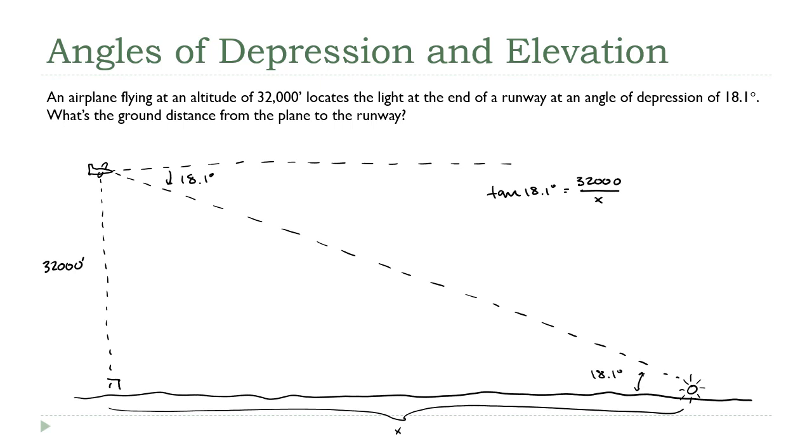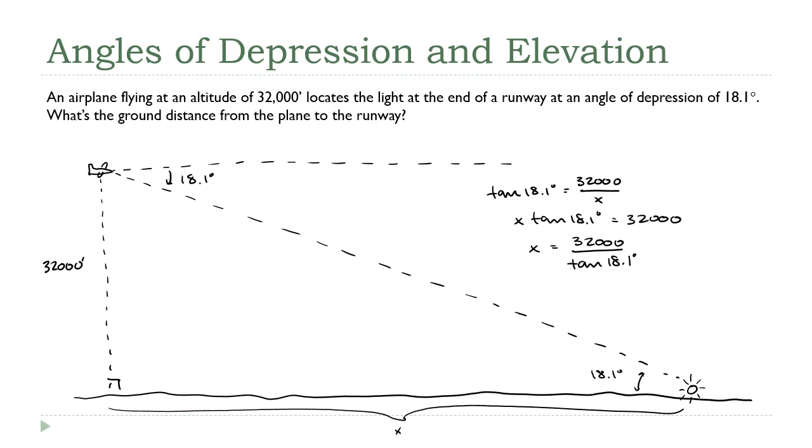Then if we go to solve this, x times the tangent of 18.1 degrees equals 32,000. Let's multiply both sides by x to get it out of the denominator there. Then we'll divide both sides by the tangent of 18.1. We get x is 32,000 divided by the tangent of 18.1.